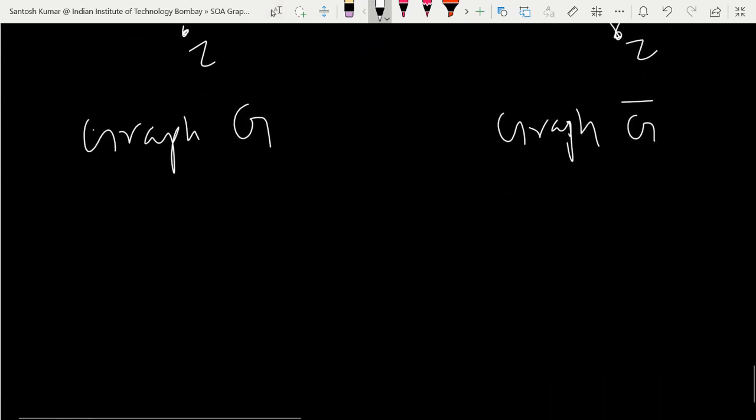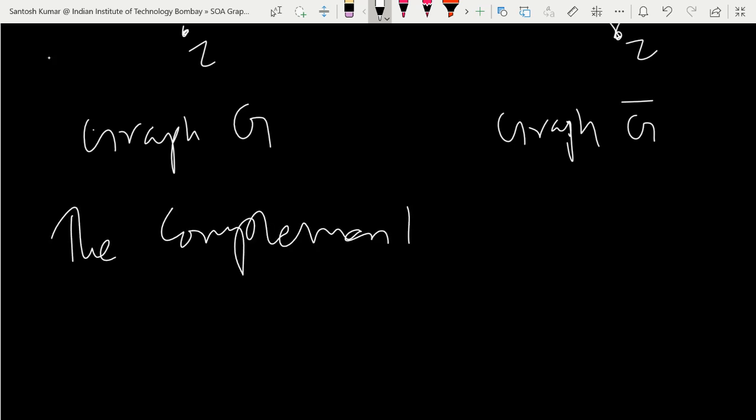Okay, so we can define it like this, if you like to define the complement graph G, let's say G complement.